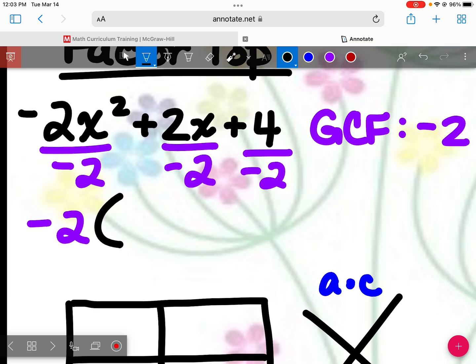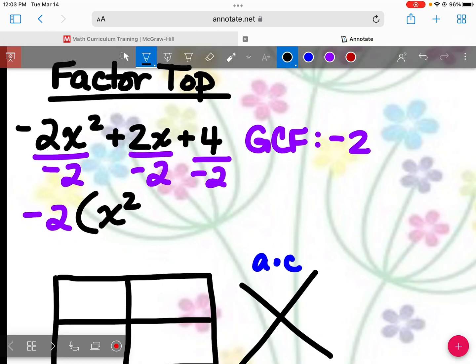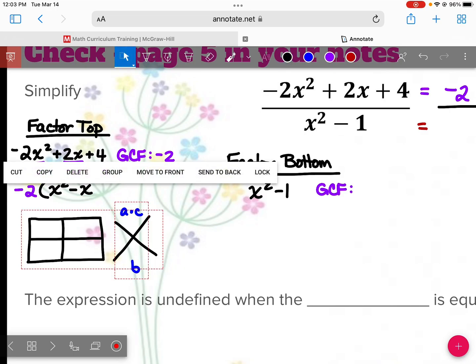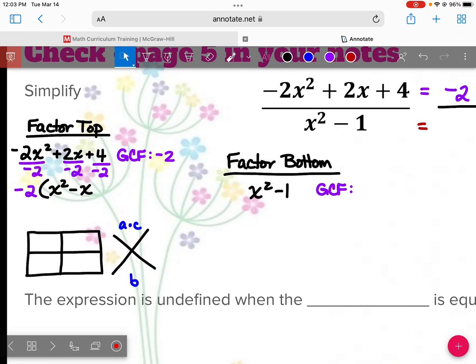Just an x squared. What about 2x divided by negative 2? Negative x. 4 divided by negative 2? Negative 2.